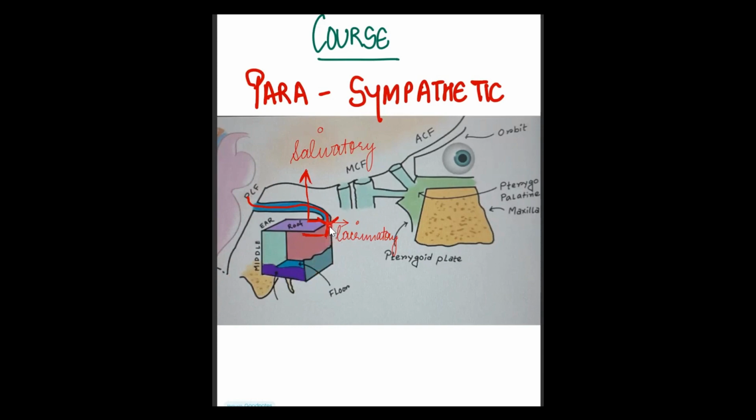But these parasympathetic fibers get deviated from their path into salivatory and lacrimatory fibers. They get deviated before they enter into the middle ear.